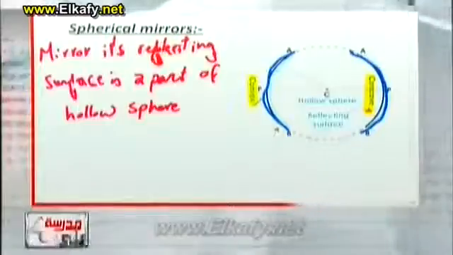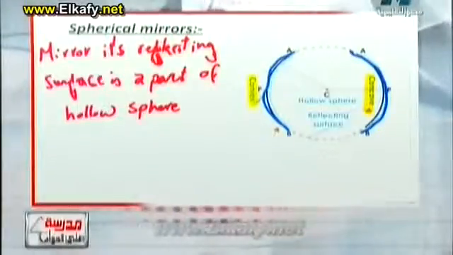If we take the external reflecting surface, we have a convex mirror, the outer reflecting surface of the sphere.